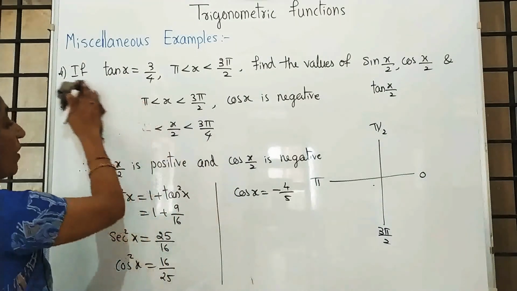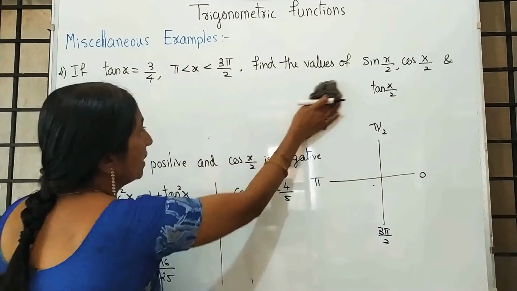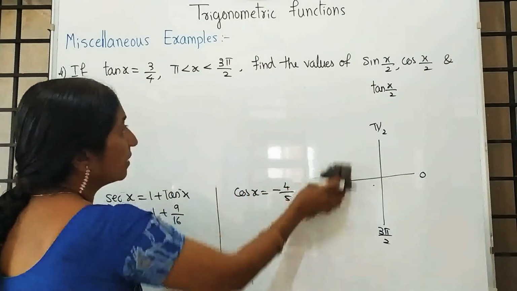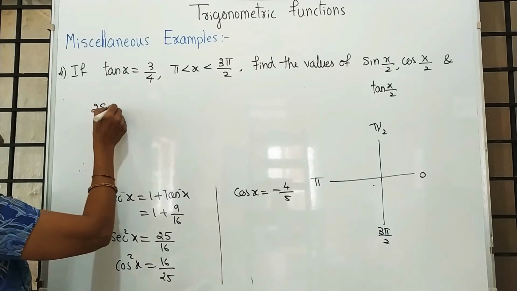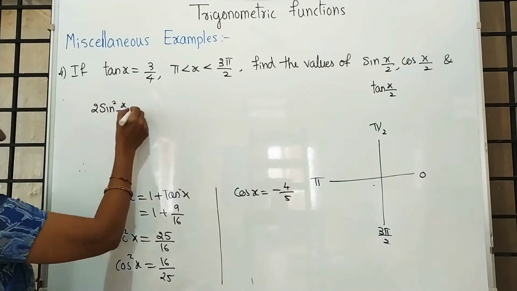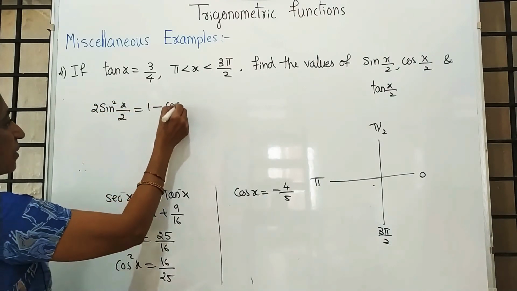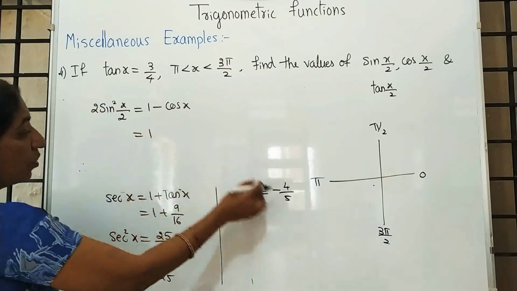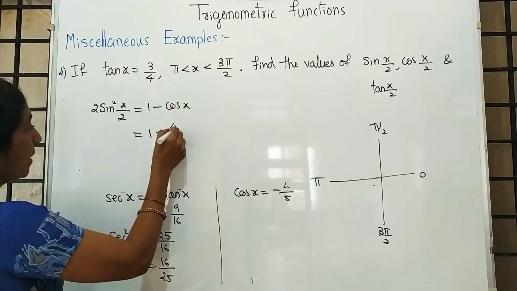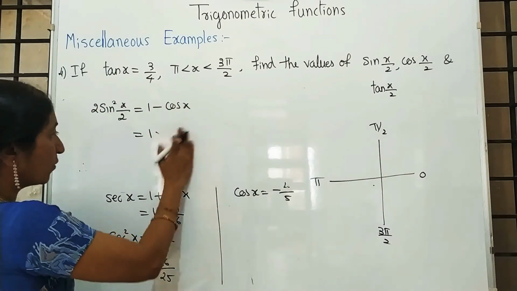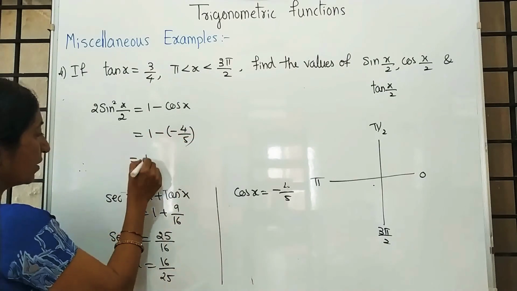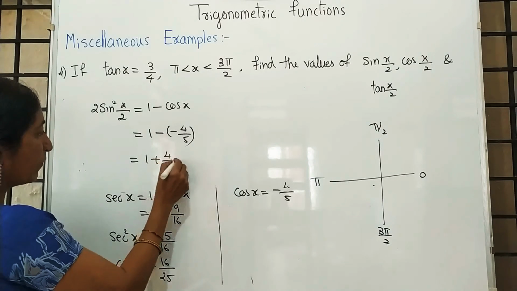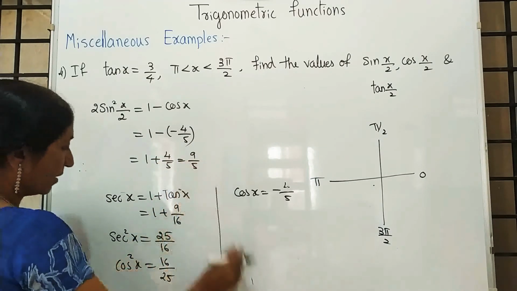Now, if you are familiar with the multiples and submultiples, we can easily find sin x by 2 and cos x by 2. See, we have a formula: 2 sin square x by 2 is 1 minus cos x. Cos is negative because of that condition. So, minus of minus 4 by 5, it is 1 plus 4 by 5, that is 9 by 5.